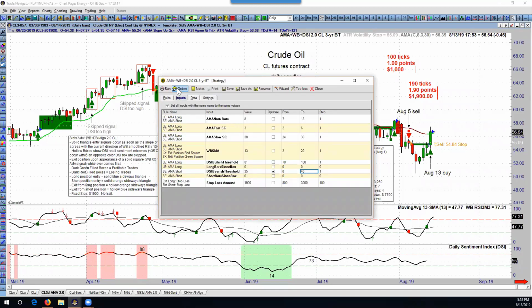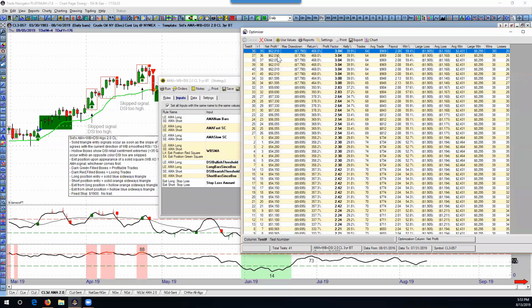I'm going to back test that one more time. I'm going to run a back test right now to see if it's most advantageous. Yeah, and you can see it brings in more money if you don't short it if the DSI is below 35. Wow.